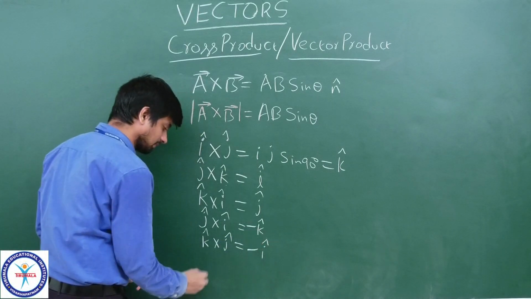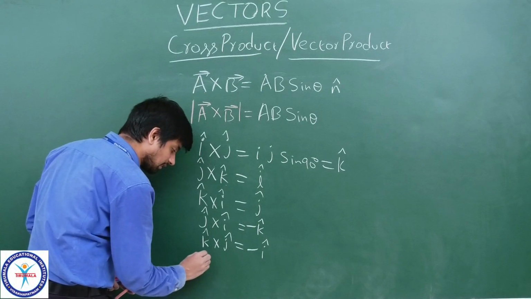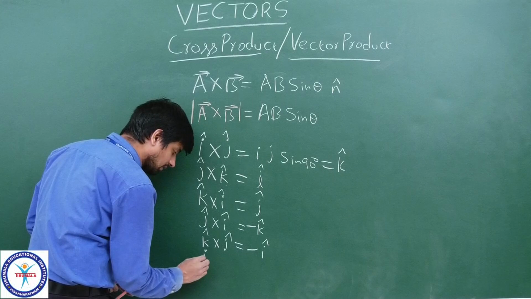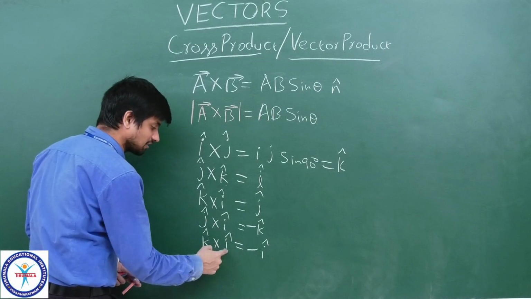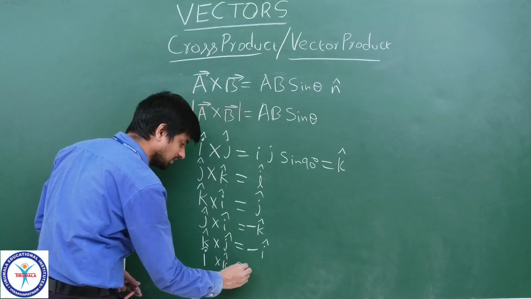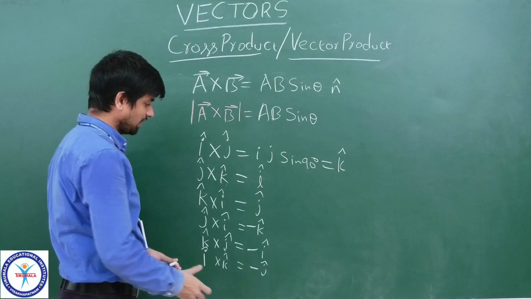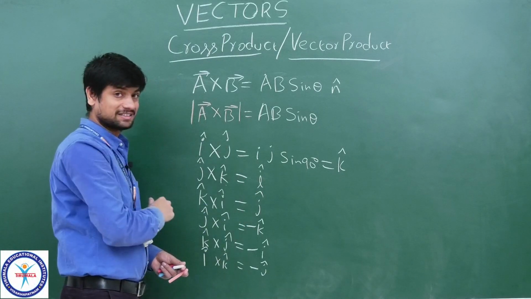Minus i. And one more thing: j cross i, k cross j, i cross k, what do you get, children? Minus j. Why am I getting minus here and plus there, children?